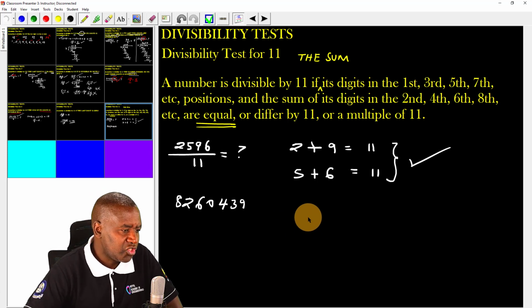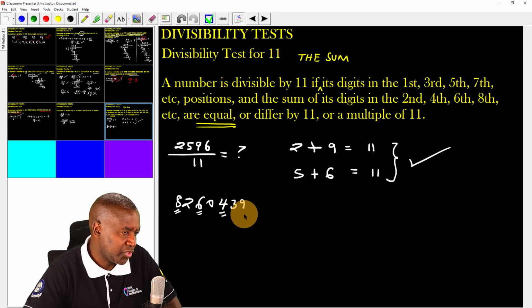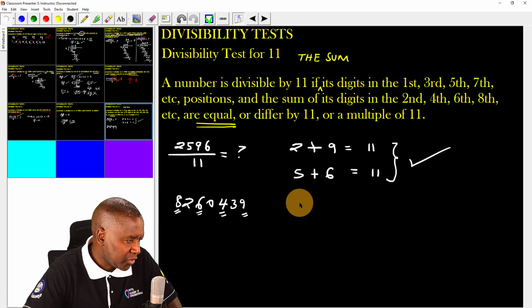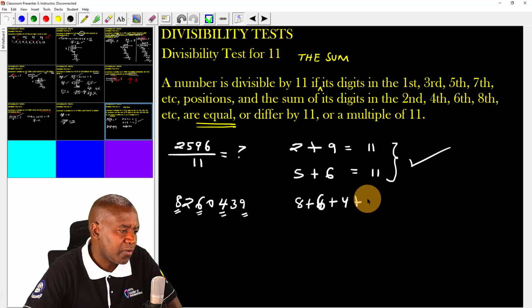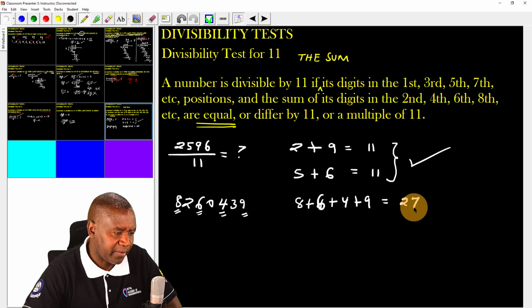So let's check the sum of these digits in the first, third, fifth, and seventh positions. So we add 8 plus 4, plus 6 plus 4 plus 9. That is like 14, 18, 27.